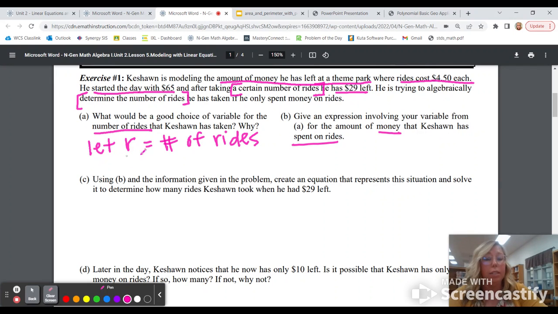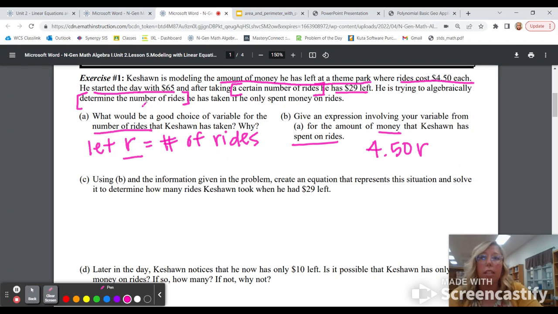We don't know how many rides he's done because we know that that's R, but the expression for how much he spent on rides would be 4.50R, $4.50 per ride. So 4.50 times R. And then for B, using the information in B and the information from the problem, create an equation that represents this situation.